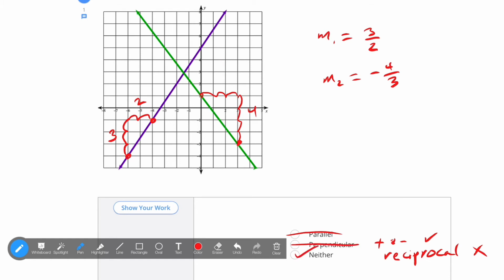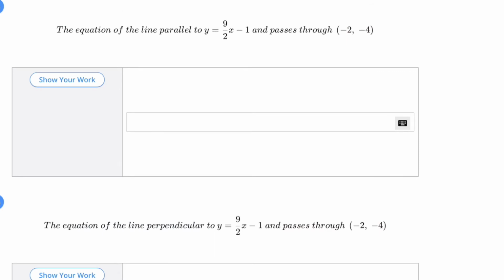I want the equation of a line that is parallel to y equals 9 over 2x minus 1 and passes through the point (-2, -4). To write the equation, we need two things. The first thing we need is x1 and y1. The second thing we need is the slope.